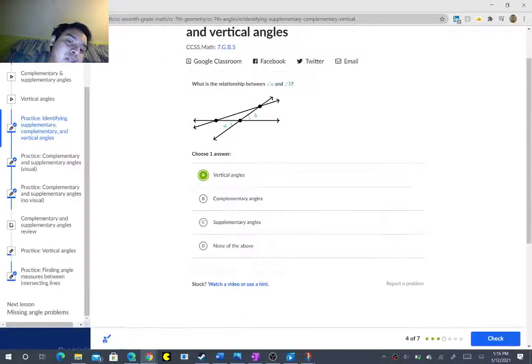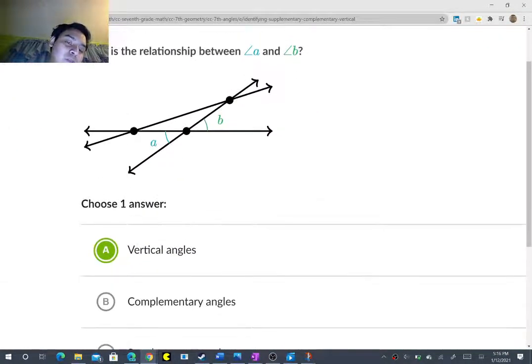Vertical angles just means that they meet at the peak point, not on the same line, but at the angle that is formed. Just think of it this way.